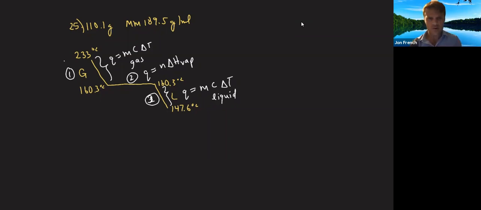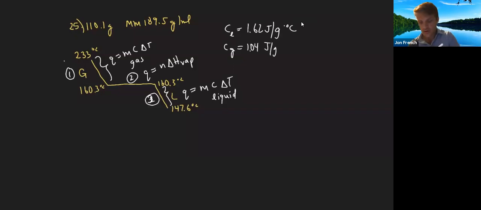They give us a little more information. They tell us that the heat capacity of the liquid is 1.62 joules per gram degrees Celsius, and of the gas is 1.04 joules per gram degrees Celsius.